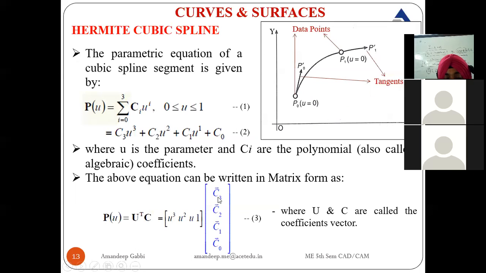If you multiply this, U3 with C3 becomes U3 C3, U2 with C2, U with C1, and 1 with C0 will form this equation. So this is how the equation is written in matrix form.